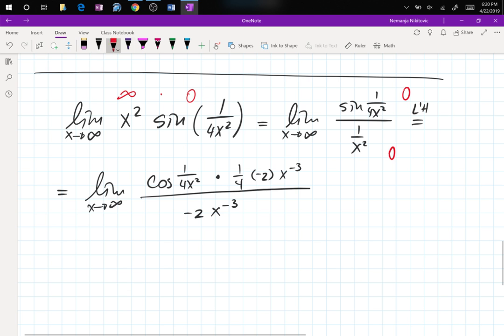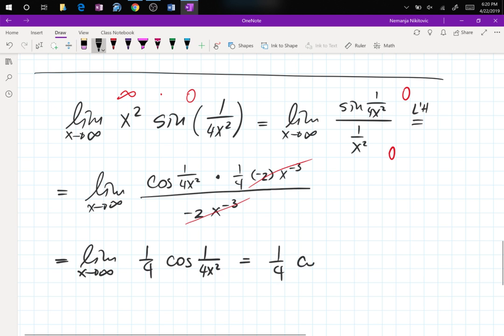So now these cancel, as you can see, and we are left with the limit as x goes to infinity of just 1/4 cosine of 1 over 4x squared. When I plug in infinity, I get 1/4 cosine of 0, which is 1/4 times 1, which is 1/4.